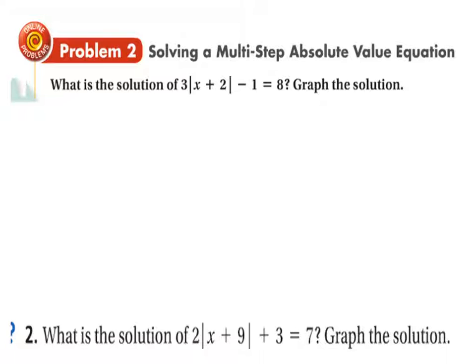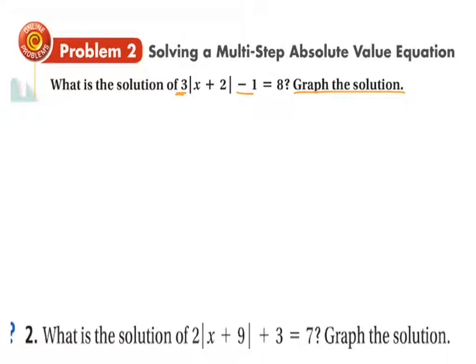Alright, now here we have a little bit different problem. Notice the 3 outside of the absolute value and the minus 1. So what we want to do first is isolate that absolute value. I think on the first one I forgot to graph. We'll take a look at that this time as well, which really just leads us towards our inequalities.